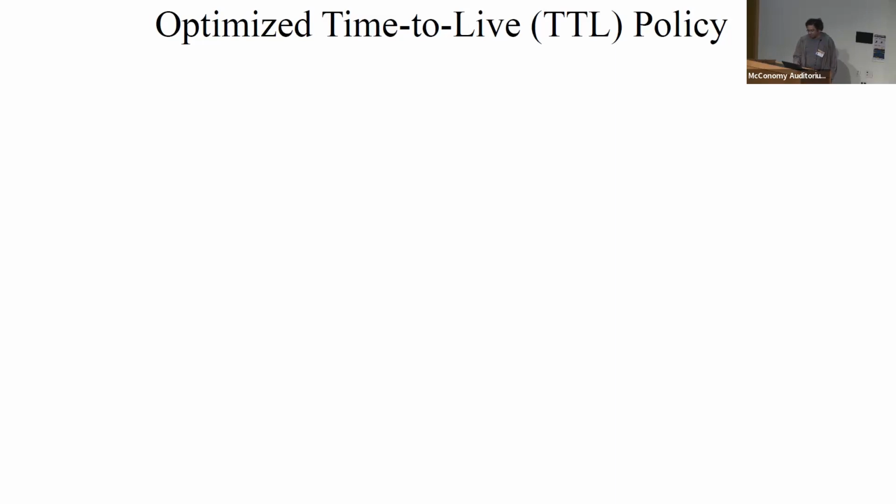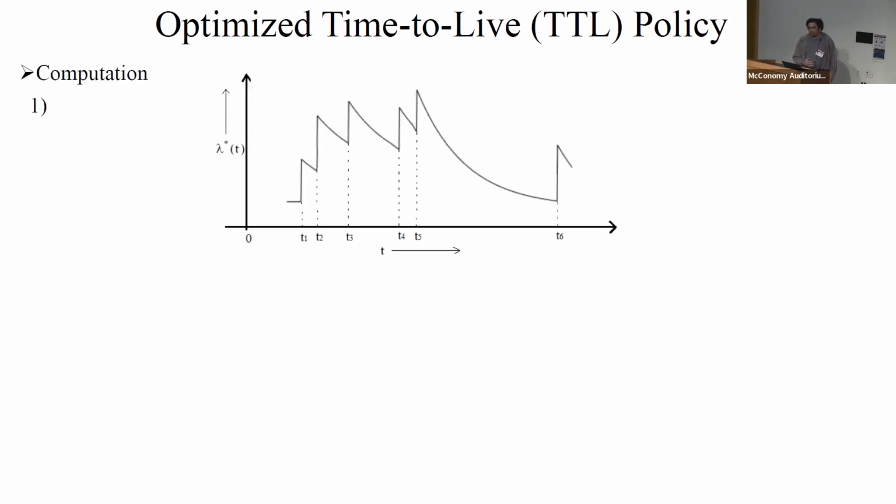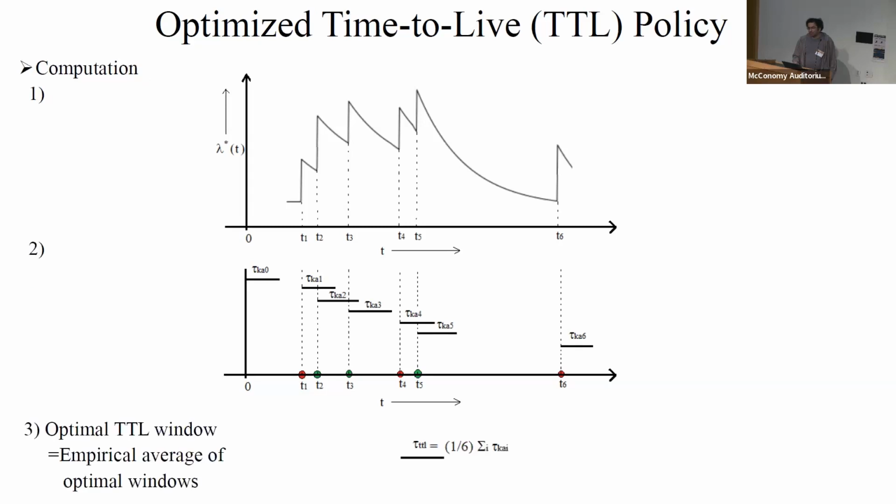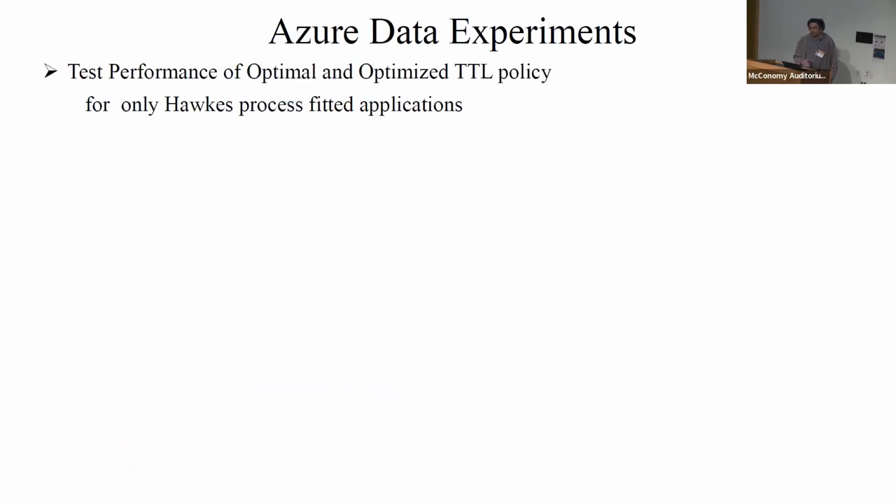And the way we compute it is, first we simulate the Hawkes process arrivals based on the Hawkes process parameters. Then we compute the optimal keep-alive window lengths on the simulated arrivals. And the optimized TTL window length is assigned as the empirical average of the optimal keep-alive windows on the simulated arrivals.